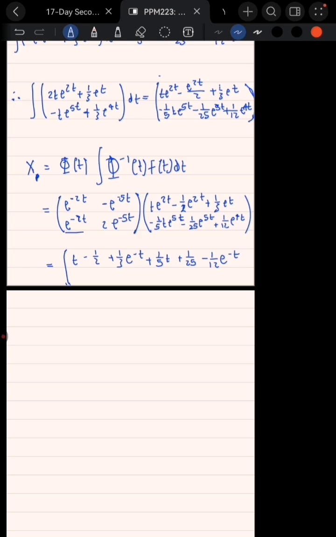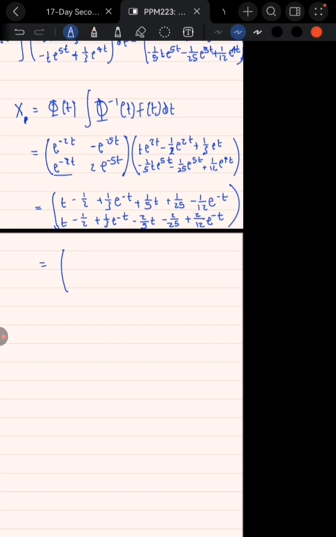When we take this and multiply with the first row, we get t minus 1 over 2 plus 1 over 3 e to the power minus t. When we take this and multiply with the second row, we get 2/5 t minus 2/25 plus 2/12 e to the power minus t.